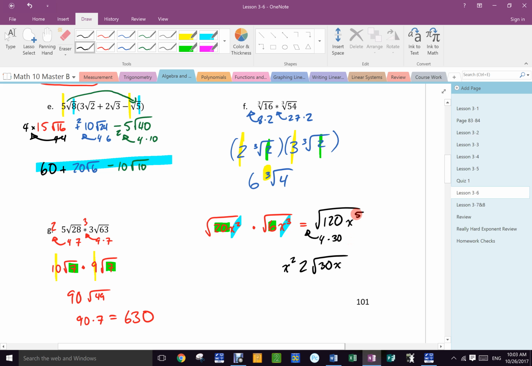1 x. Because this is really x, right? There's one group. There's a second group. I left 1. How would I write this in proper math form, the way math guys like to see it? 2x squared root 30x. That, ladies and gentlemen, is your pre-calc 11 multiplying.